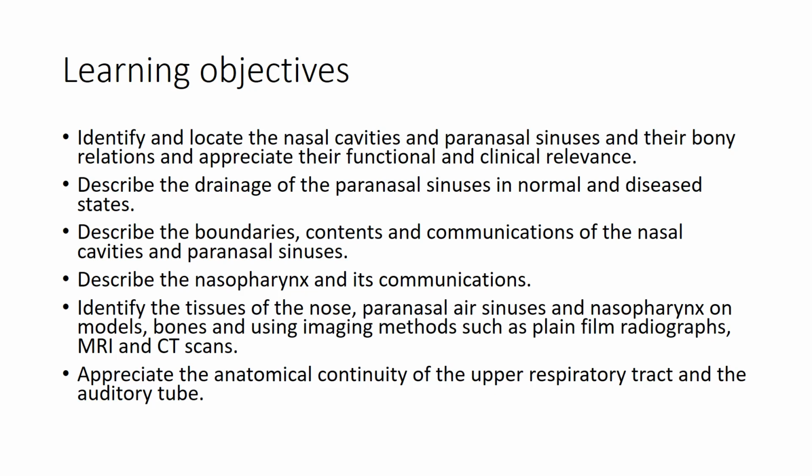Identify the tissues of the nose, paranasal air sinuses, and the nasopharynx on models, bones, and using imaging methods such as plain film radiographs, MRI, and CT scans, and appreciate the anatomical continuity of the upper respiratory tract and the auditory tube.